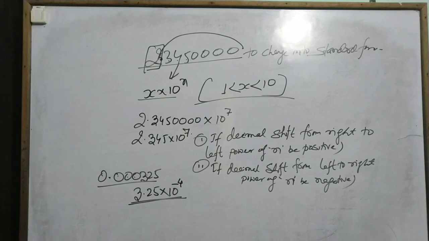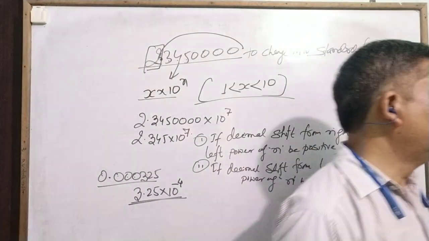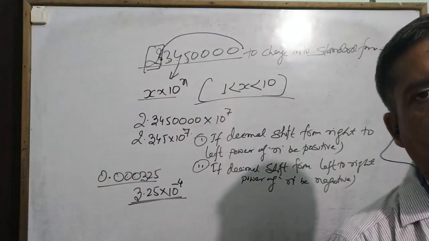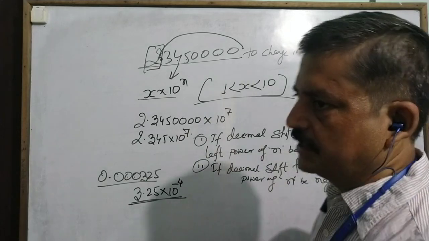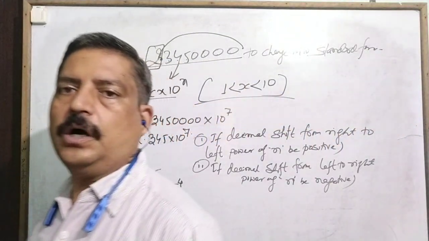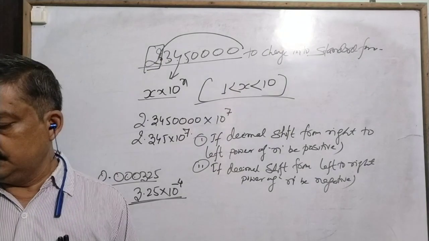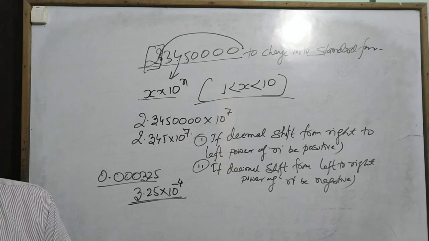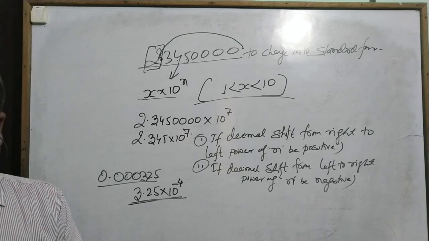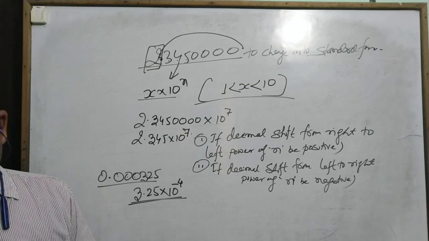Some people have asked how to change a number into exponent form with powers. That's very easy. First of all, just check whether the decimal is shifting from left to right or right to left.